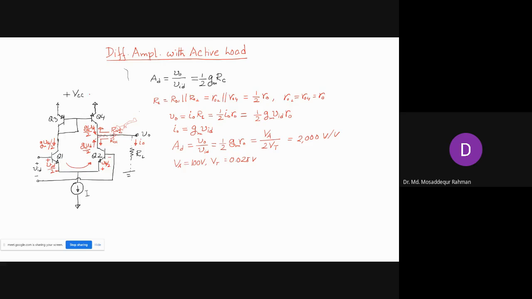Okay, so this is our differential amplifier with active load. Now, as we discussed in your last class, we can have further modifications, different modifications for different levels of gain. We'll show some of those.